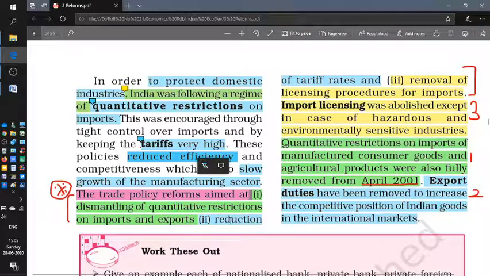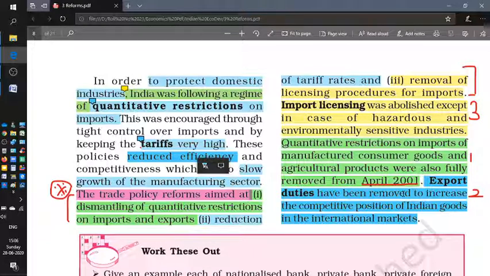Number two, like we've learned, the reform is to reduce the tariff rates, the rates that are imposed on the goods we bring from outside. Also, the export duties that exporters have to pay to sell outside have been removed. Why did we remove them?